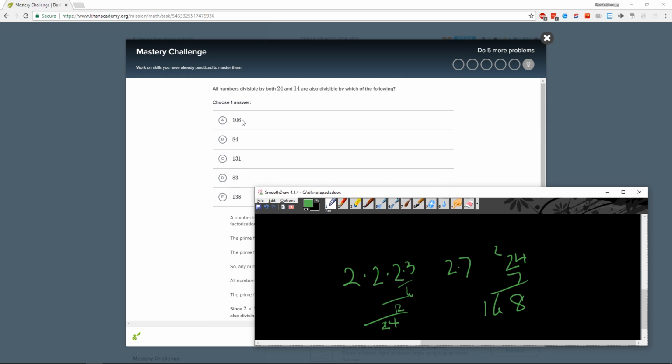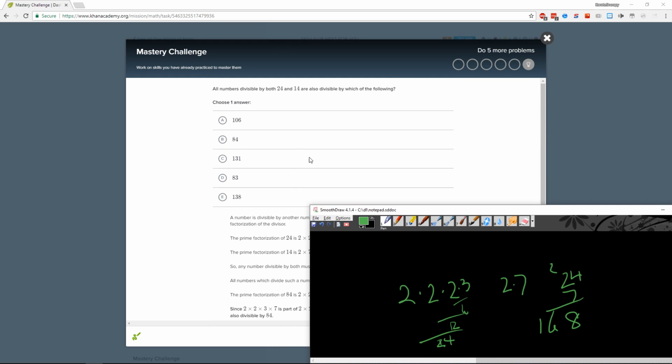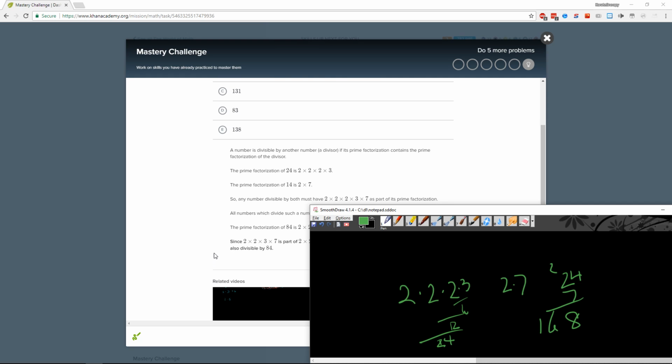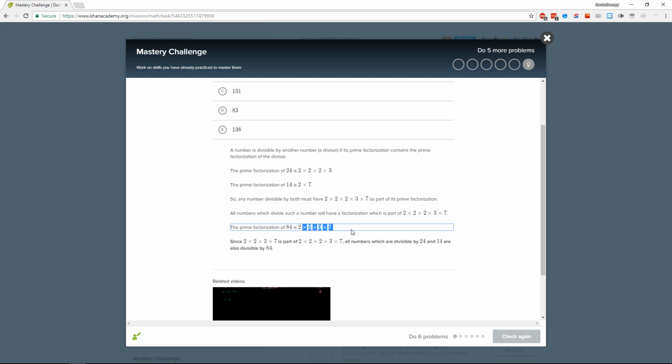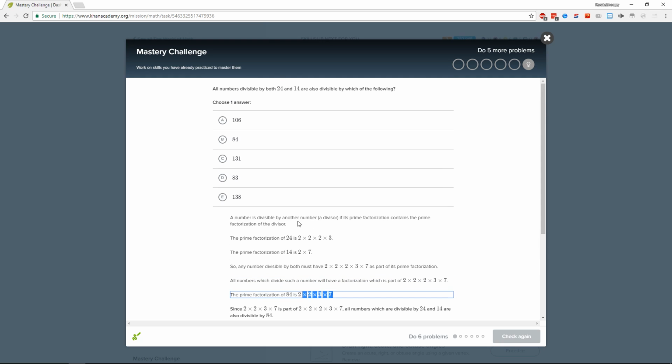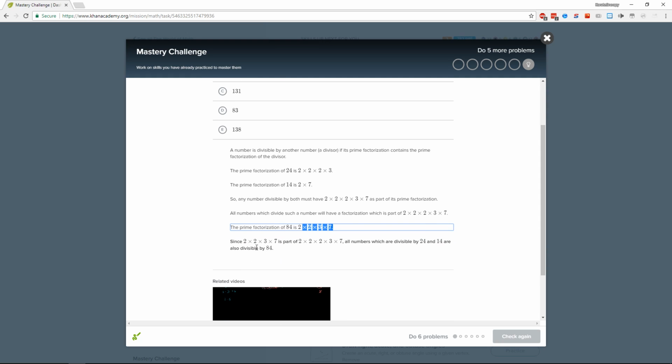Have some combination of them, and any of them could be missing, but it can't have extra stuff. So 84 fits in there. Since this is part of this longer one, all numbers which are divisible by it are also divisible by 84.